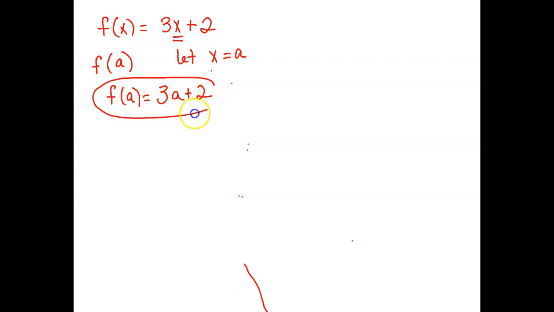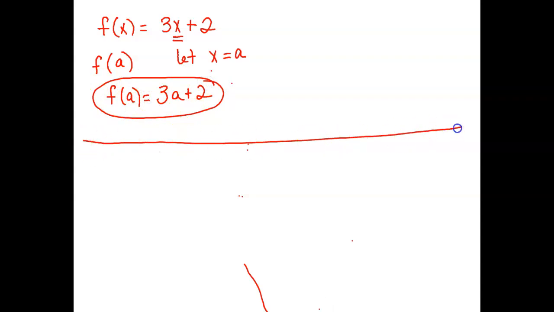Well, your let statement, it seems silly, but your x is just going to be what's in parentheses. Well, what's in parentheses? Just an a. So now every time I have an x, I'm just going to put in an a. So this would become 3a plus 2. And that would be my answer. F of a would be equal to 3a plus 2.